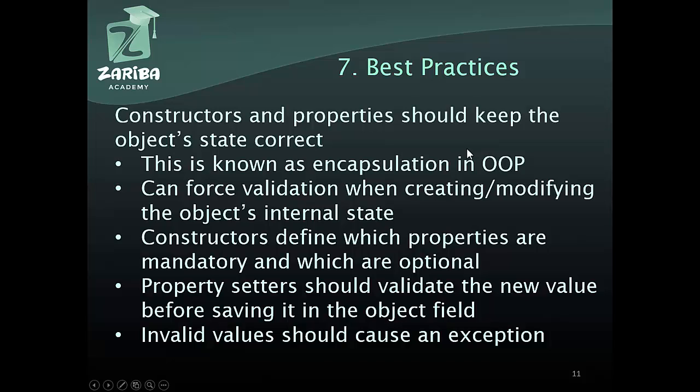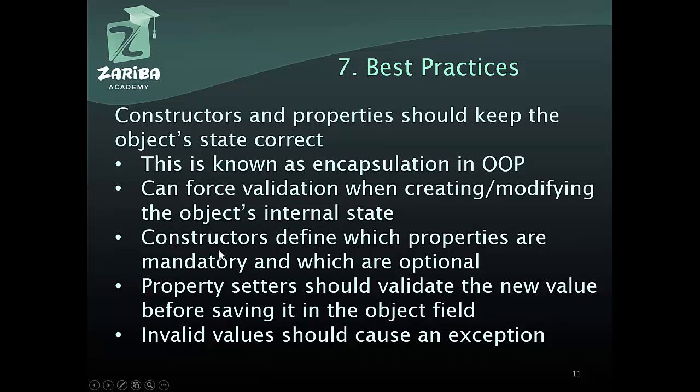This is exactly what I said. If someone doesn't need to know about how you're implementing your algorithm or something, it shouldn't be there. You can force validation when creating or modifying the object state. This is something that we did with the property.